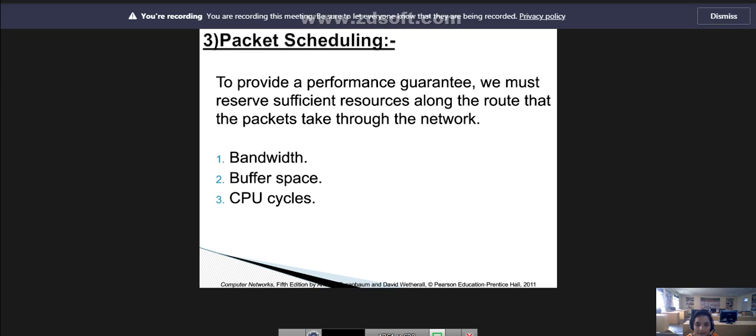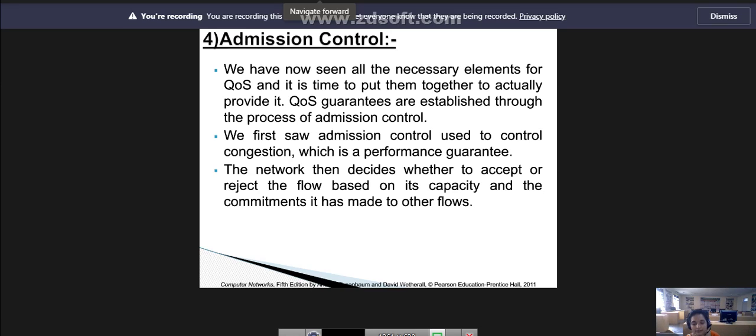Next, admission control. Quality of service guarantees are made through the process of admission control. The user offers a flow with accompanying quality of service requirements to the network. The network then decides whether to accept or reject the flow based on its capacity and the commitments it has made to other flows.